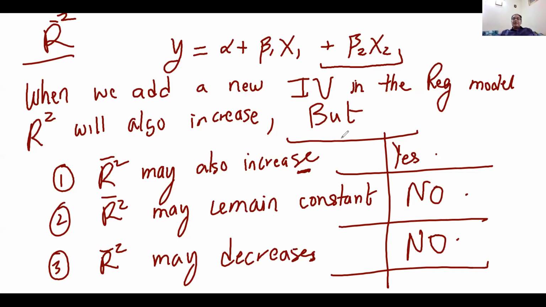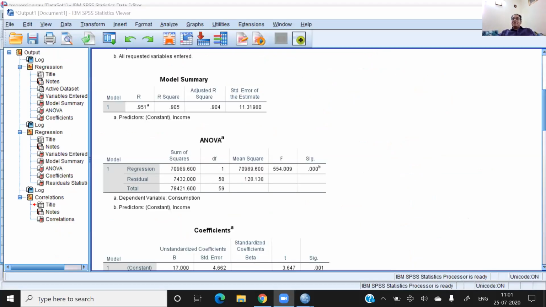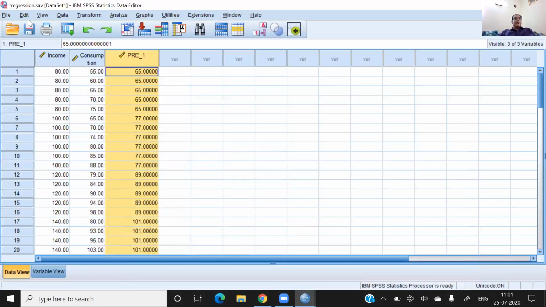But before moving, I'm just showing you the application of R square and adjusted R square. I am opening a new file because in this file we have only two variables, so I want a new file for this.